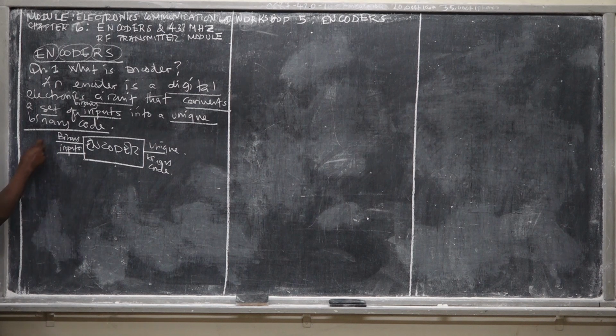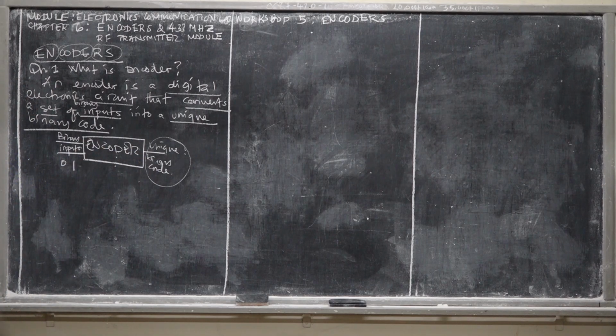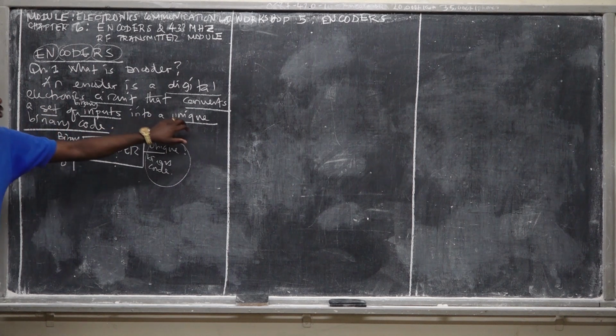We introduce binary inputs such as 0 and 1, but at the outputs we have a unique binary code, which might be completely different from what you supplied at the inputs, because this coding is performed within the encoder. So in an encoder, we convert a set of binary inputs into a unique binary code. The inputs are binary, meaning digital information, but the output is unique.